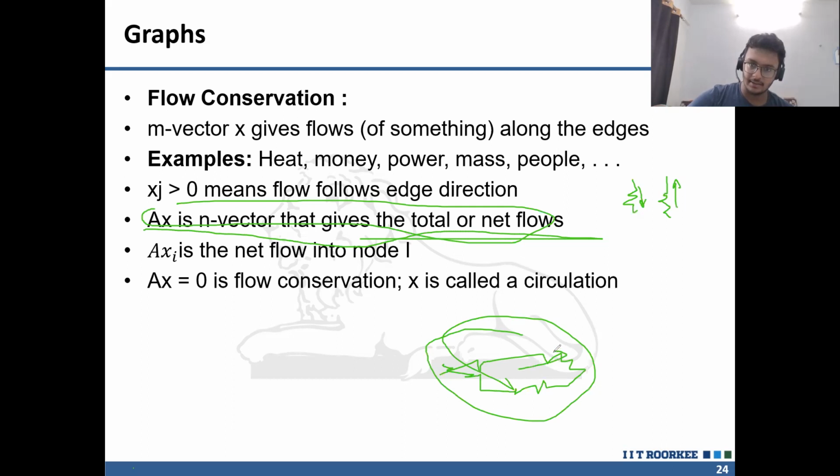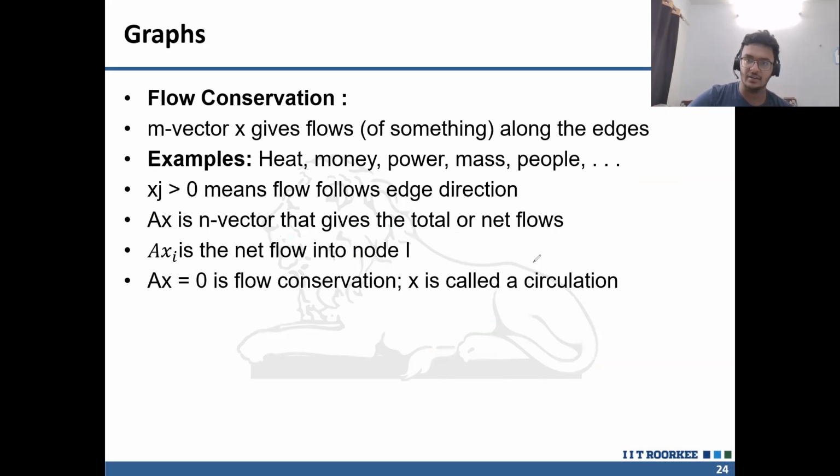For example, here we multiply Ax and we look at this third component, we get the flow in the third node. And Ax equal to 0 is known as flow conservation, and x is called the circulation. So basically in linear algebra, x is in the null space of the matrix A. And this equation right here has a lot of real life applications. Now we will look at some of these applications.